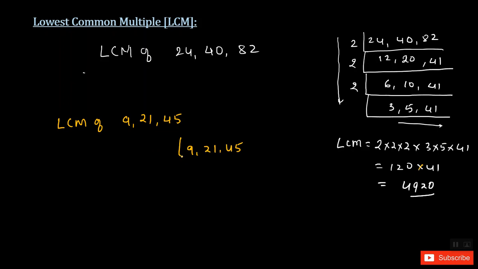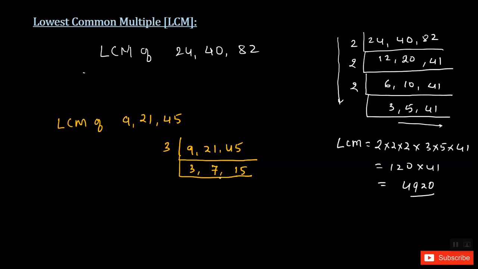All the numbers are divisible by what? 3, because all are odd and they are multiples of 3. So I'll be dividing by 3. 9 divided by 3 gives 3, 21 gives 7, and 45 gives 15, right?